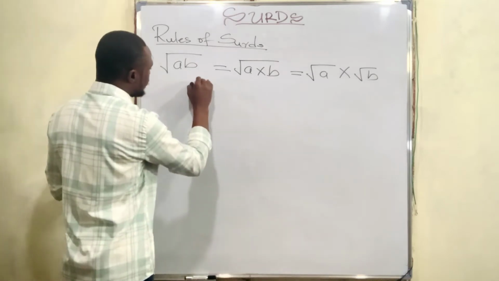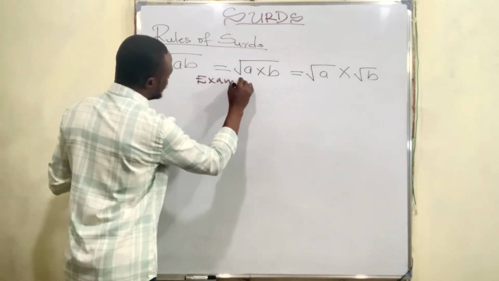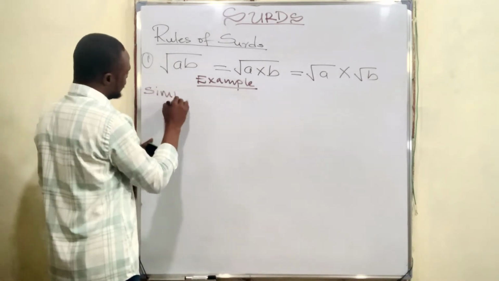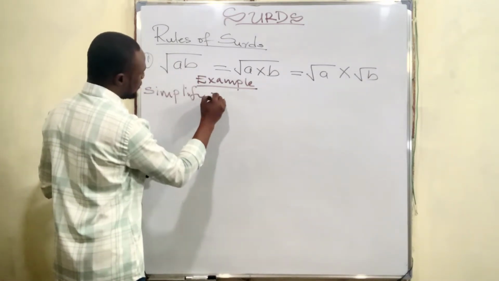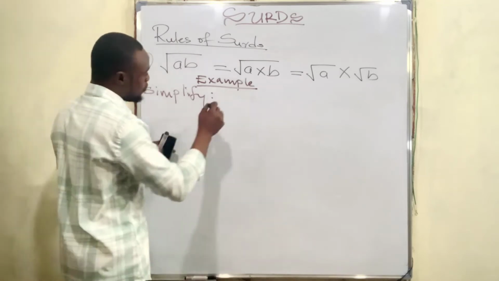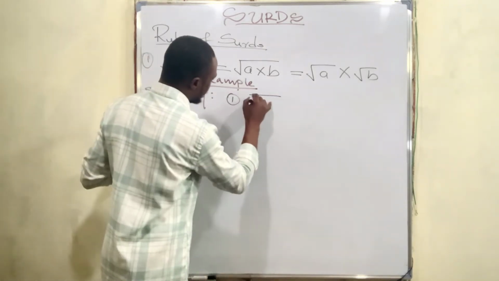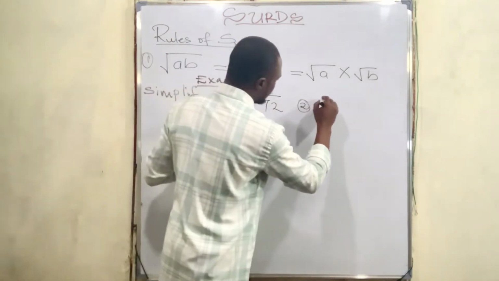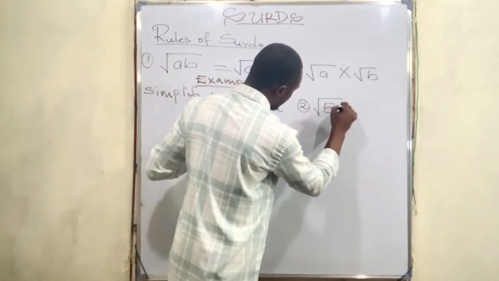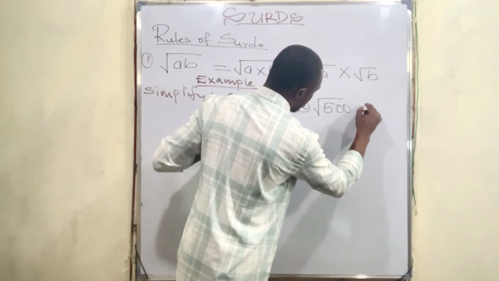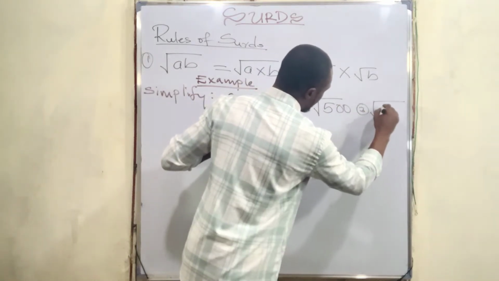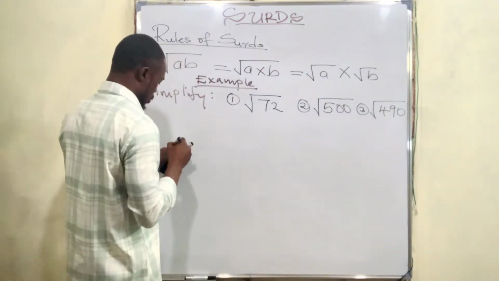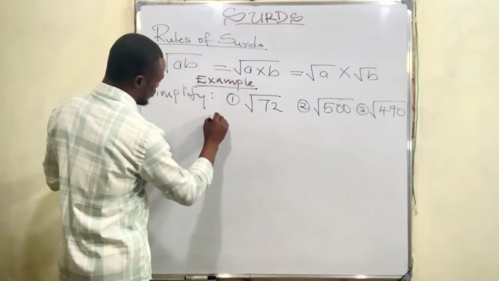Example: simplify 1, root 72; 2, root 500; and 3, root 490. Okay? So solution.